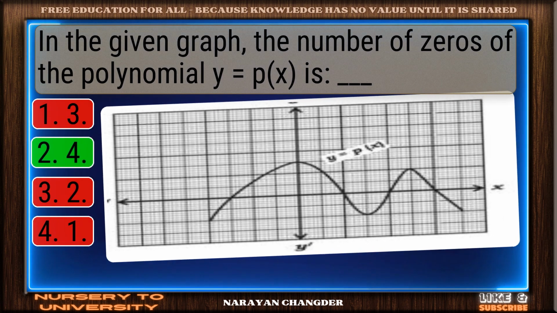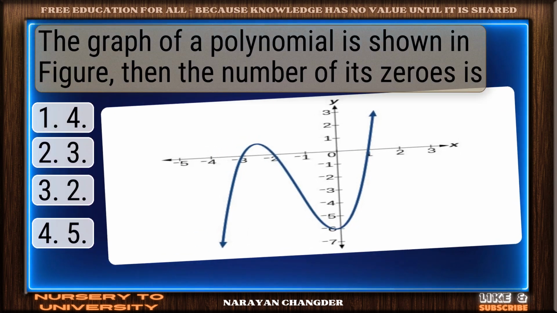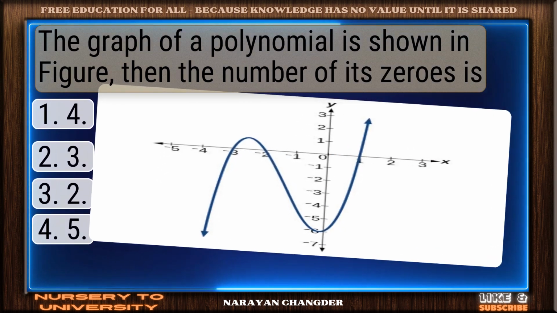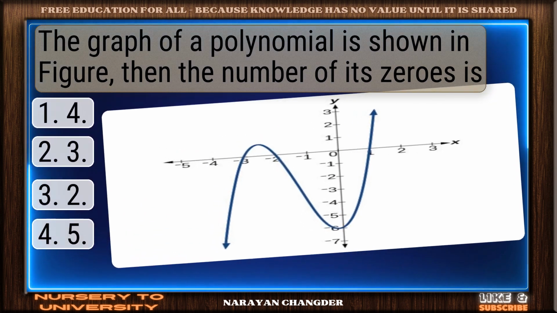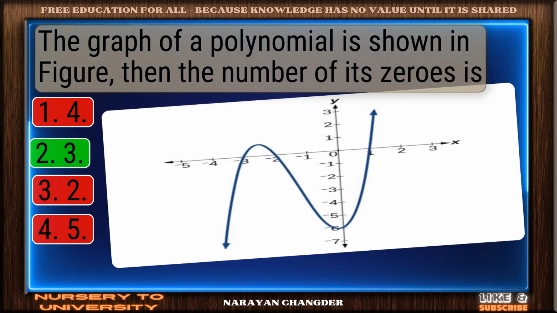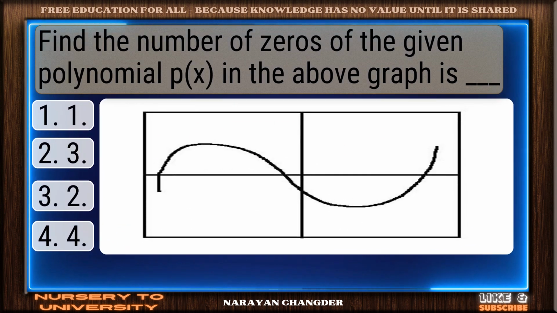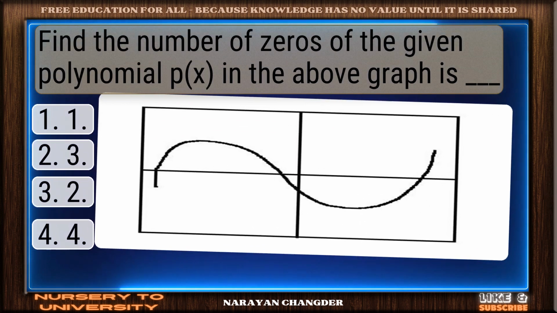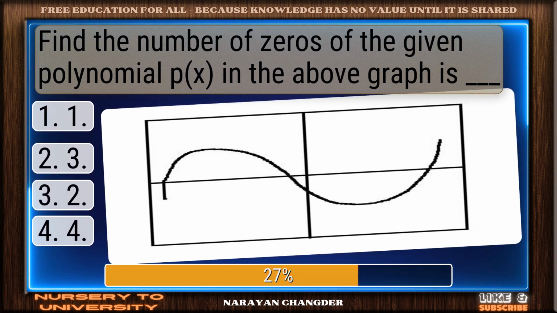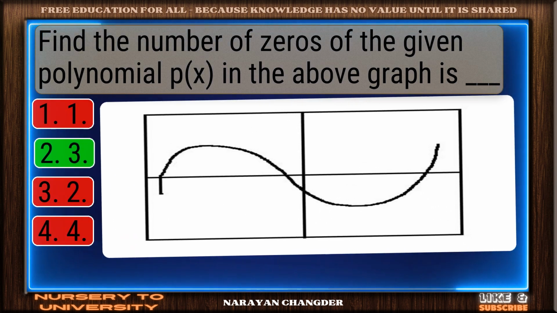Smart move. 4 is accurate answer. The graph of a polynomial is shown in figure. Then the number of its zeros is... Strong choice. 3 is right. Find the number of zeros of the given polynomial p(x) in the above graph is dash. Good thinking. 3 is right.